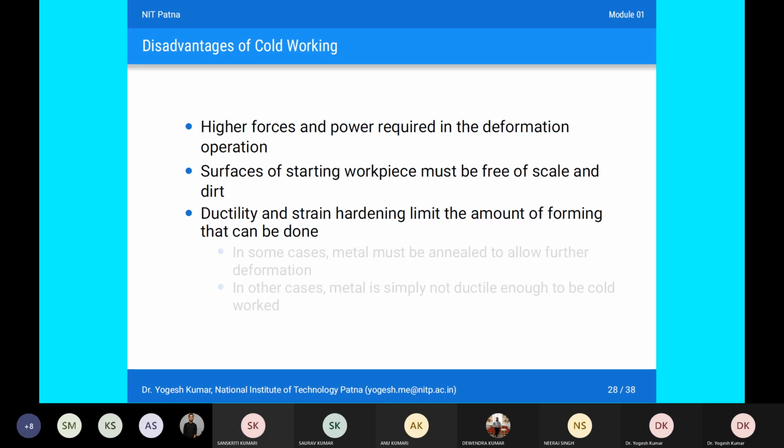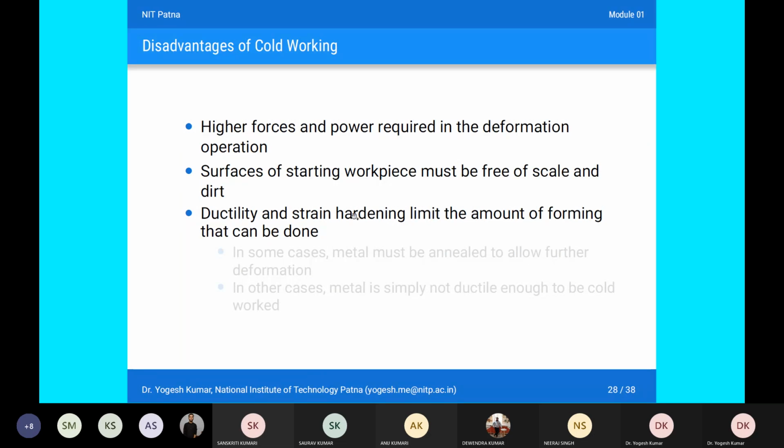Okay, so what we have to understand is that there is a limit. This is also causing a limitation on the forming, if your material is getting strain hardened before it reaches your final desirable shape, so you will require larger forming forces, or sometimes the material becomes so hard that it is not deformable further. Okay, or the force requirement becomes very high.